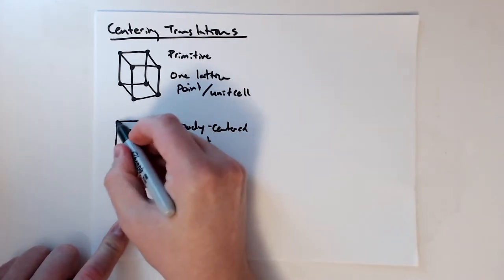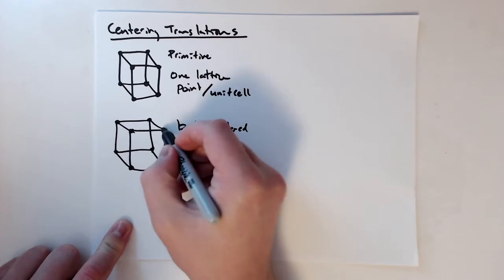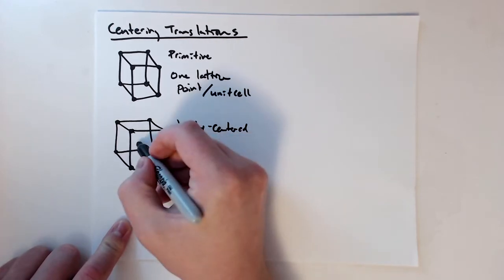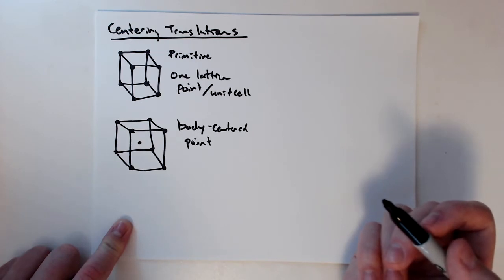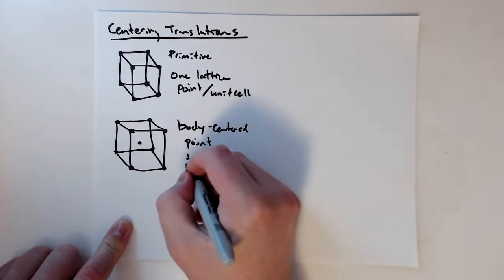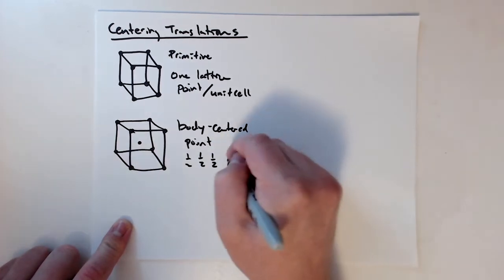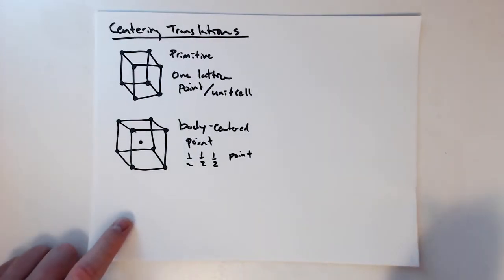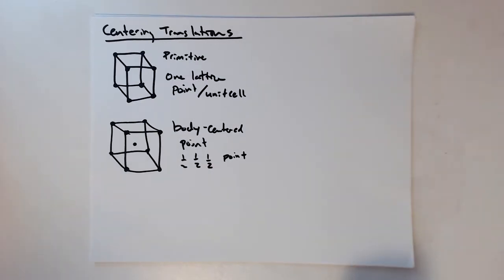For this, I have typical points on the vertices, and then one right in the center of the unit cell. So that's at a 1/2, 1/2, 1/2 point. So that's a non-integer lattice point.